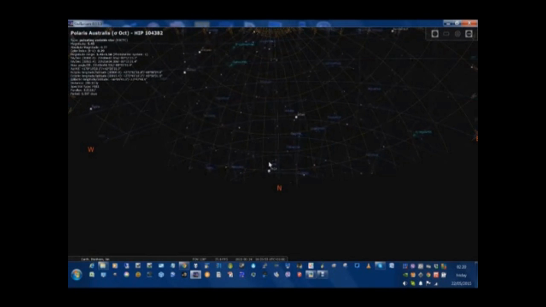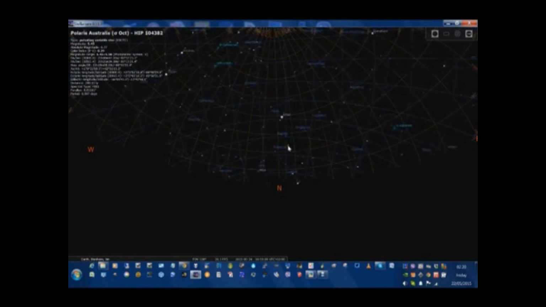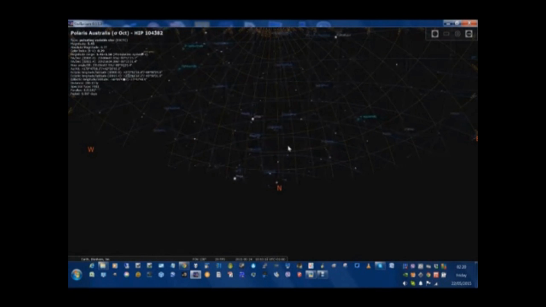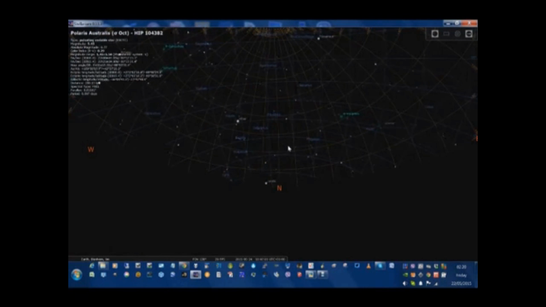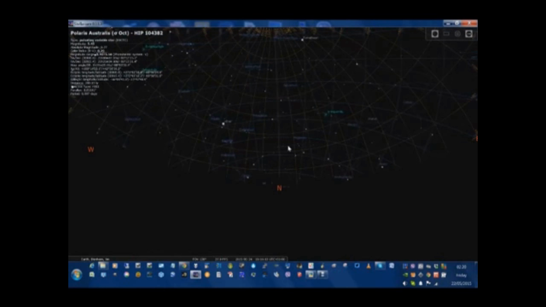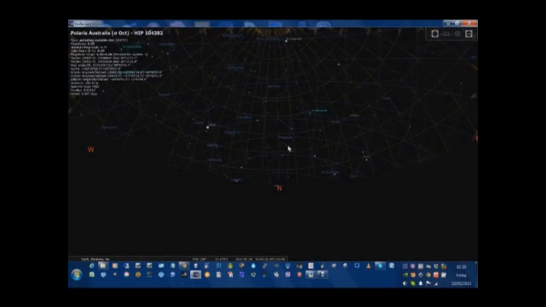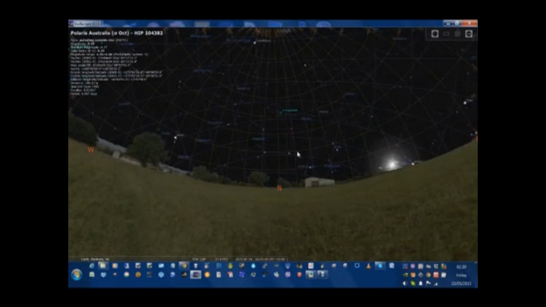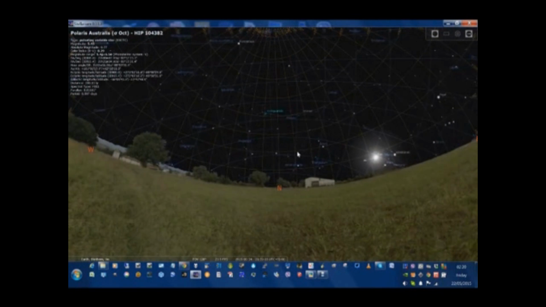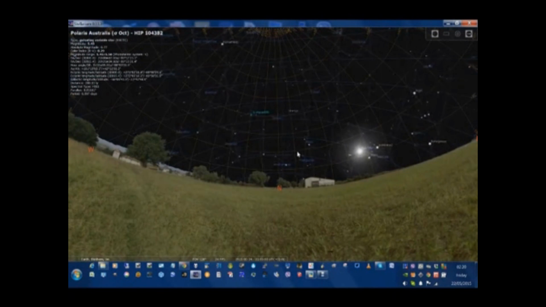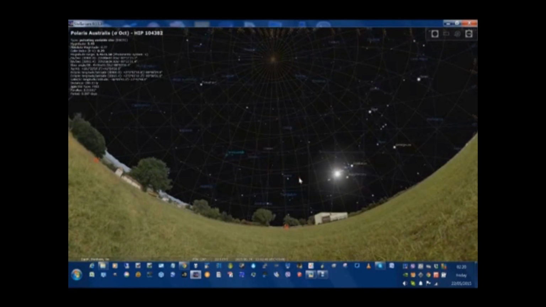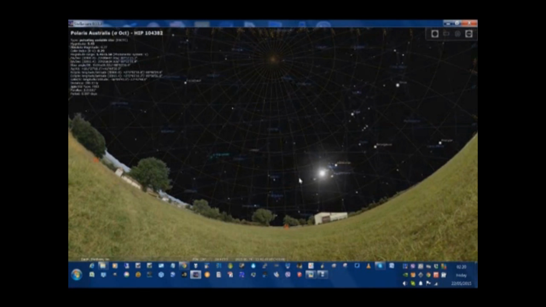Well, it shows you that in the planisphere projection, there's only one axis of rotation going on. So the stars are only circulating around one point, and when you look in the other direction, they are not circulating around a point at all.